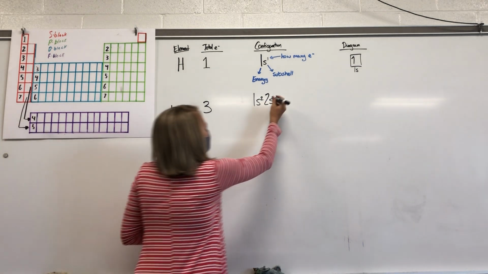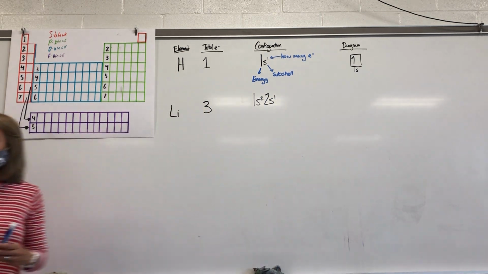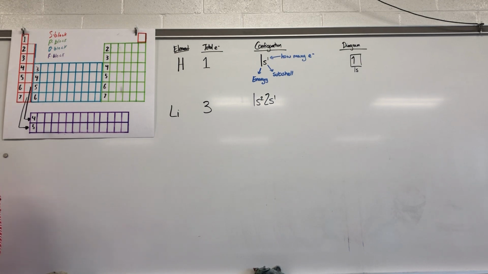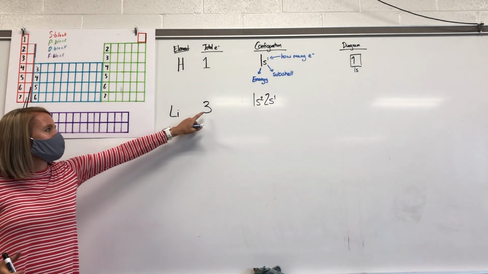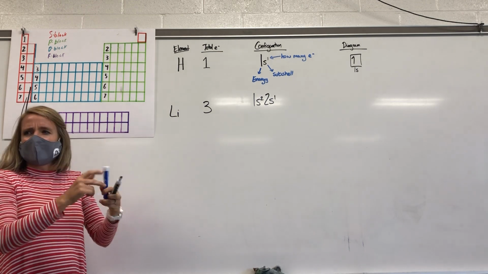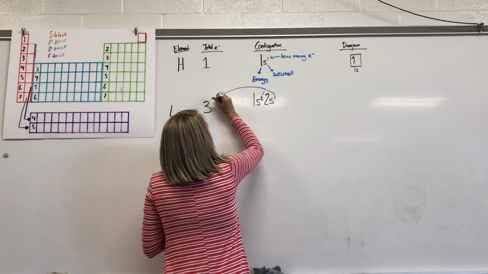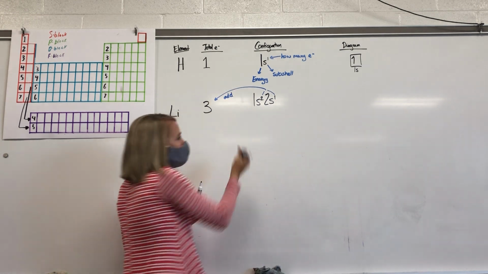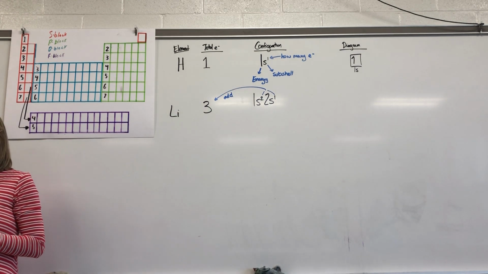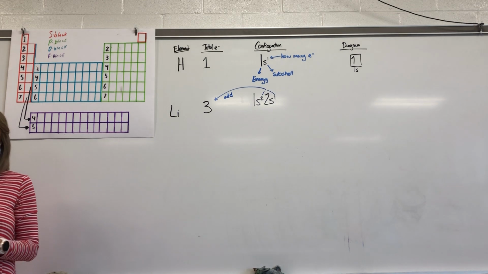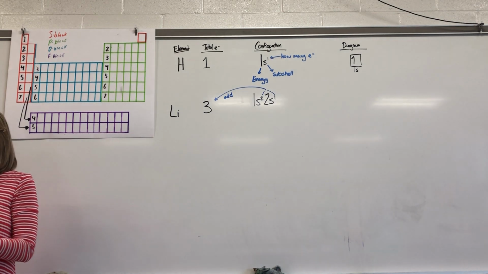Why just 1, Bryce? Because there's only 1 electron left. Yeah, it could hold up to 2, right? But I only need 3 total. Another thing to notice, right, is that the powers should add to the total count. Otherwise, you've gone too far, or not gone far enough.